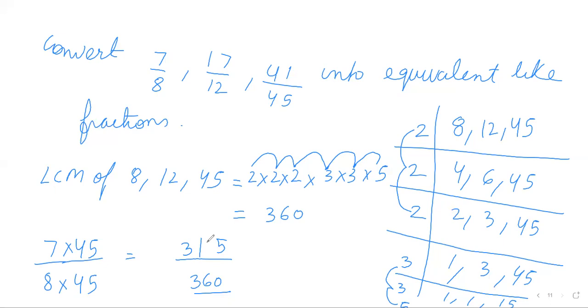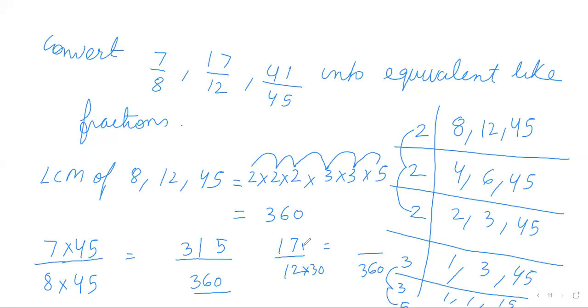Ma'am, can you tell me how you find which number to multiply by? See, if it is 17 upon 12, and I want to make it 360, by which number should I multiply so that I get 360? 12 3s are 36.